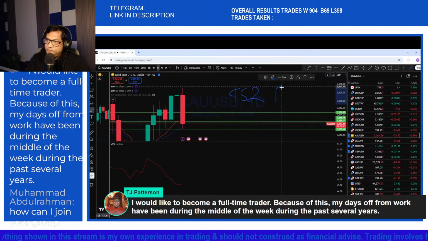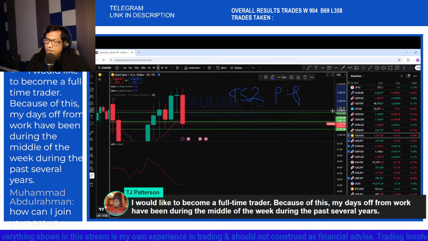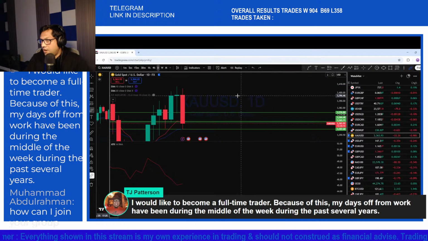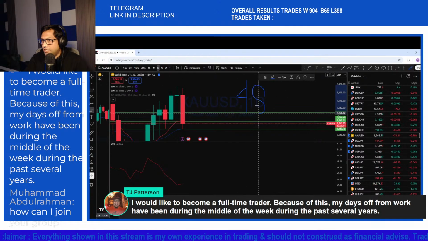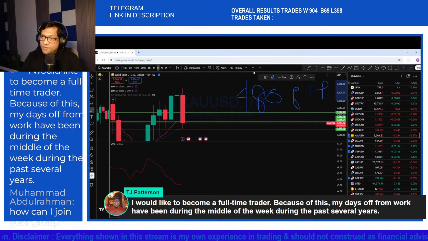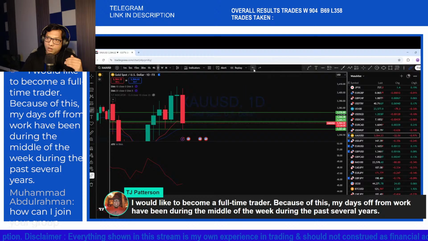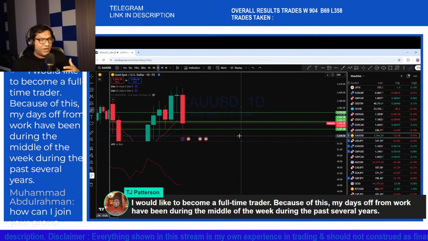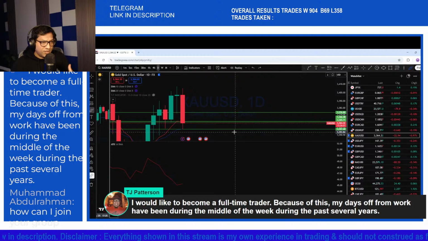So the 1 ATR is 452 pip, and currently the market has made 480 pip. Okay, so that means that today's move has already been made significantly in one direction.